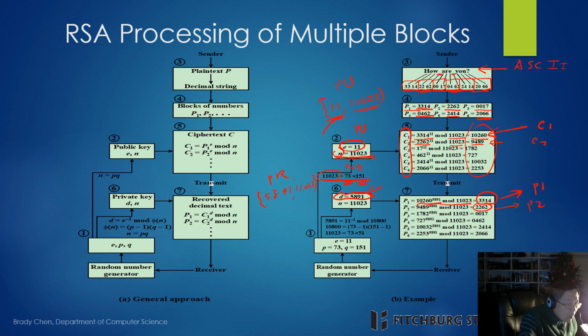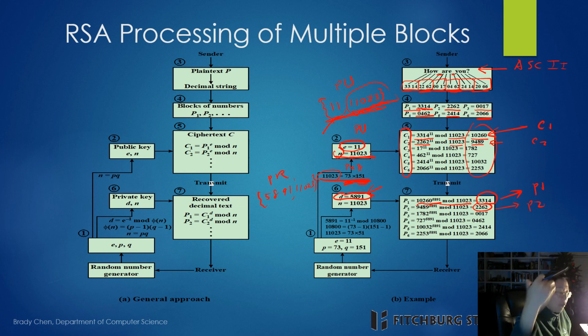Okay, now the question is, if you actually publish this as a public key, 11 and 11,023. Now the question you may ask, well, if someone gets this 11,023, I can easily factor this number, right? Because I can use a math function to factor this number, and I can get these two prime numbers. What are these two prime numbers? 73 and 151.